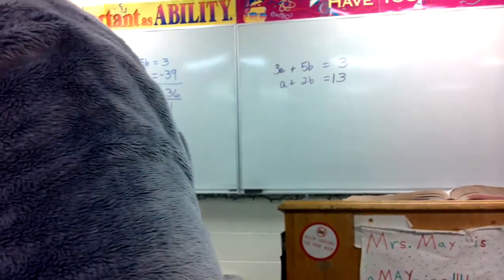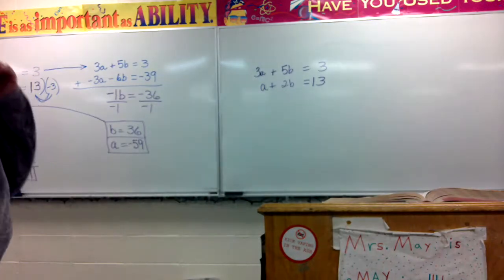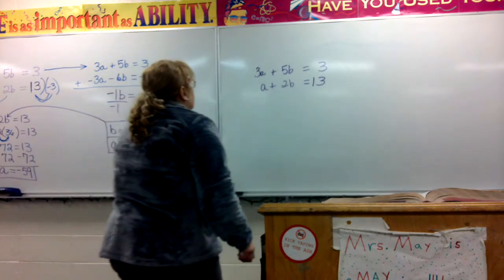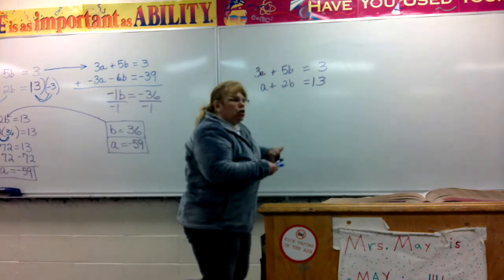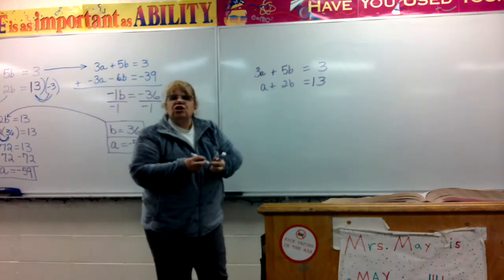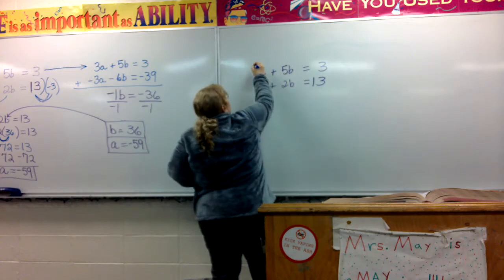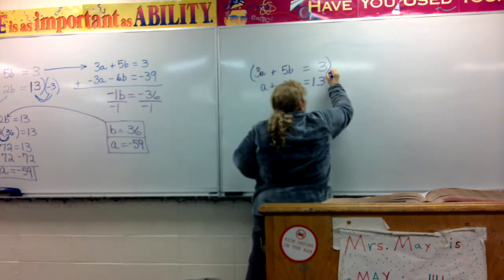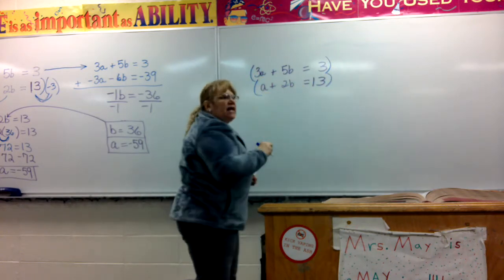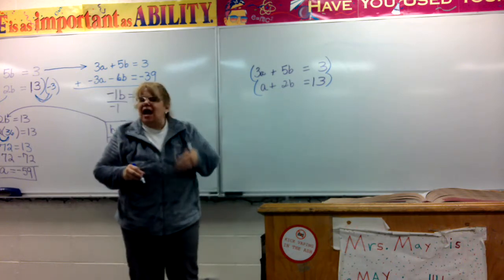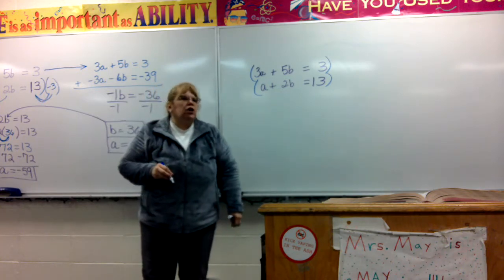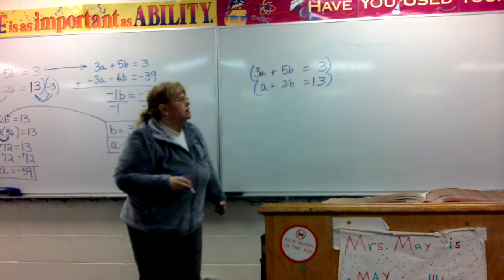It's not that much longer. What if I want to get the b's to drop out? Could I? Yeah. They're not opposites right now. But could I get them to be opposites? Yes.